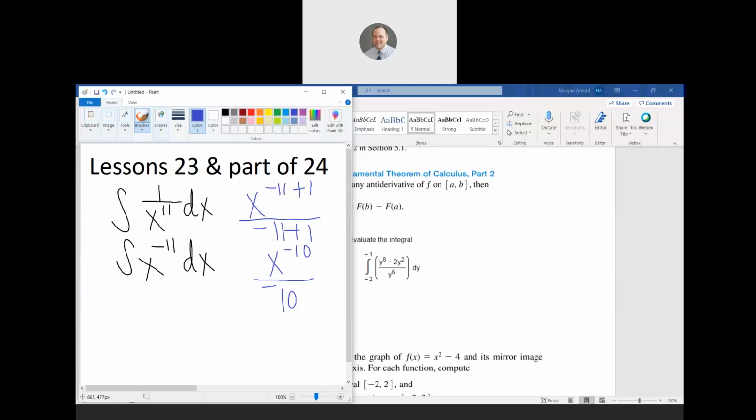The last step, rewrite your negative exponent as a positive one. So the x to the negative 10th power will go back down to the denominator. So our final answer is negative 1 over 10 x to the 10th power plus c.